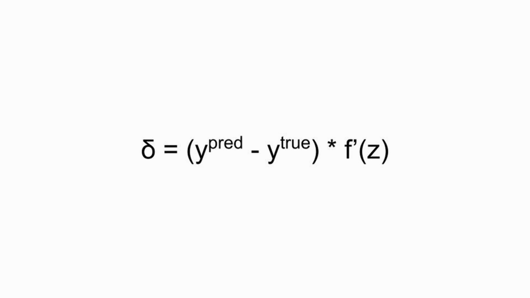This isn't the same as the prediction error we saw earlier; rather, it's the error encountered when minimizing the mean square error cost function. Delta is proportional to the difference between the predicted and actual values and the derivative of the activation function for the given z.